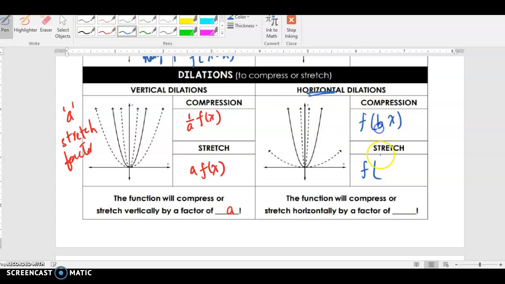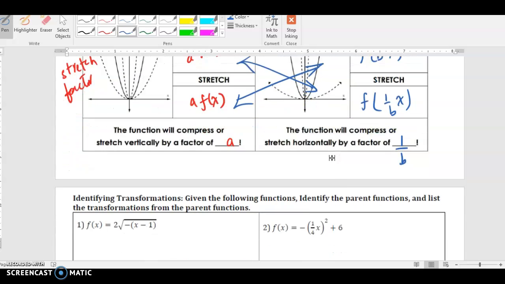Compression is b times x, stretch is 1 over b times x, and it stretches or compresses by a factor of 1 over b. You have to flip this number. If you see this and that, they are the same, meaning it's the opposite of what you're intending, right? If you remember it this way, it will be easier. Not necessarily true, but it's easier to remember that way.